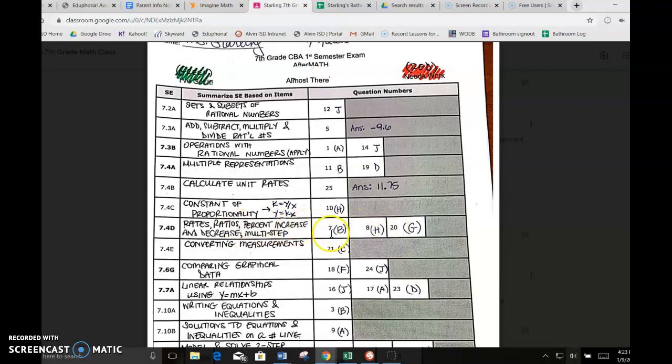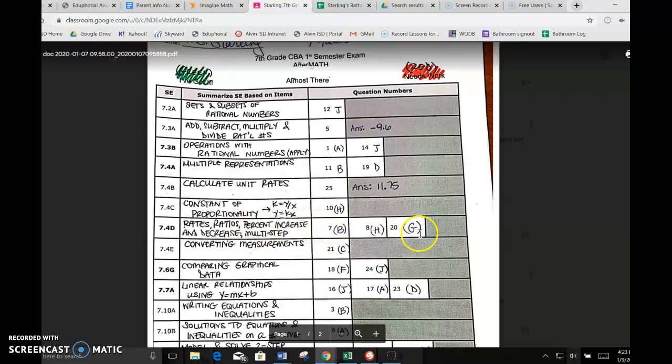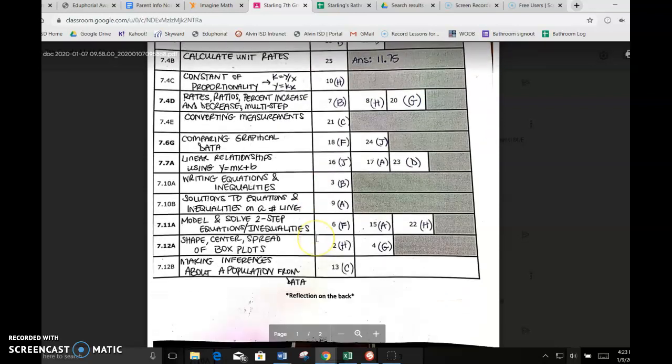Even though I got 2 of these out of 3 correct, I still want to get all 3 correct. And then down here for 18, I got half of these 2 questions correct, so I need to work on comparing graphical data. And then down here for 6 and 22, wham, wham, I got 2/3 of those wrong, so I really need to work on modeling and solving two-step equations and inequalities.